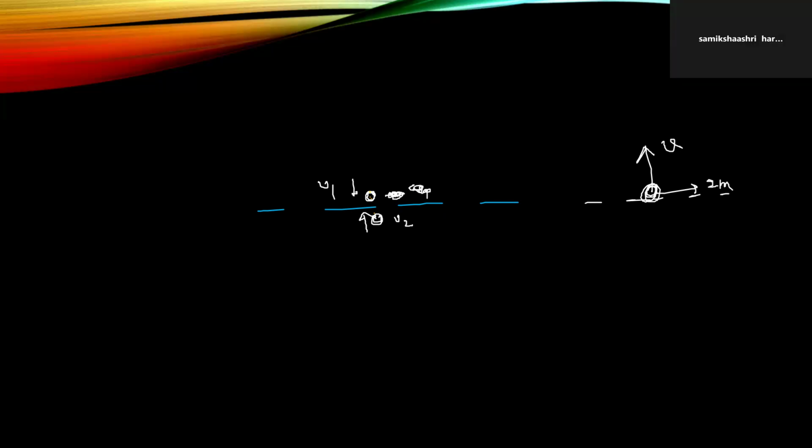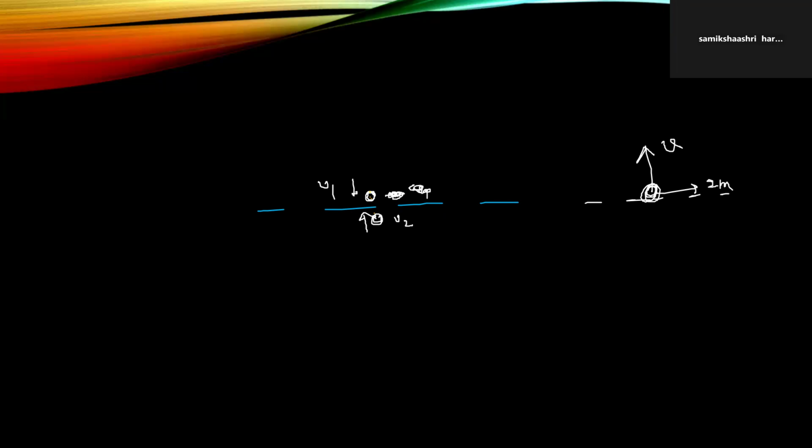Now see, after collision they are going like this, so the mass is 2m. Now see what is going to happen. We can consider momentum conservation only when external force is zero and the contact time is small. Now you can see they are colliding and going up.